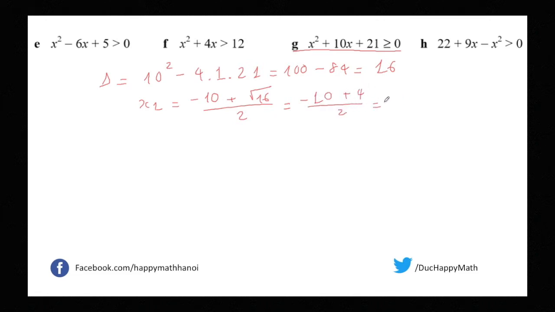So minus 6 divided by 2 is minus 3. Then minus 4 divided by 2. So minus 7.